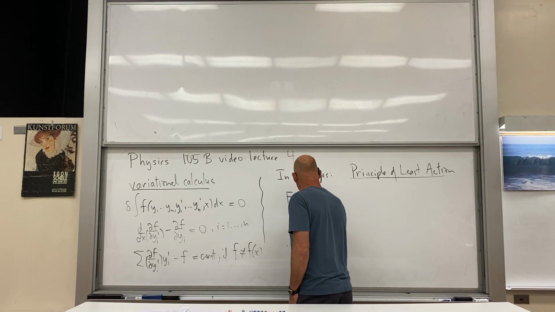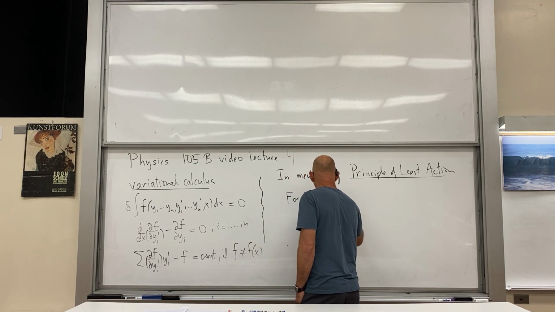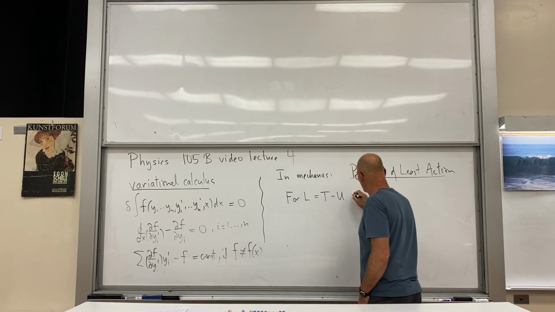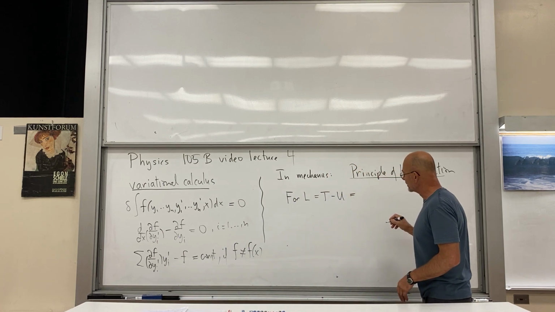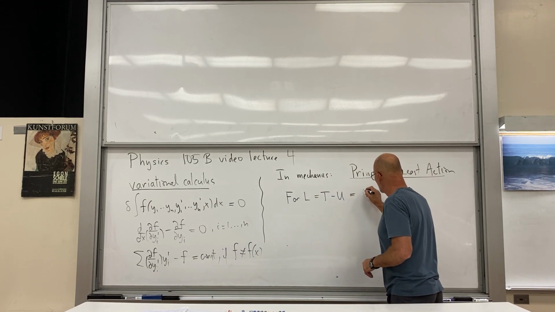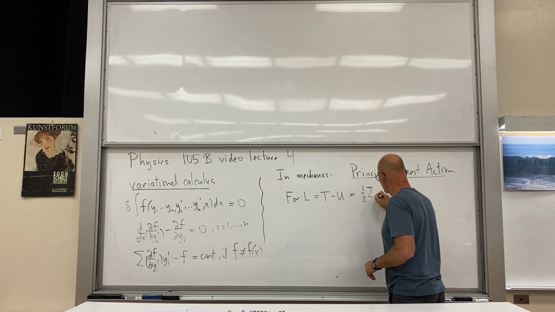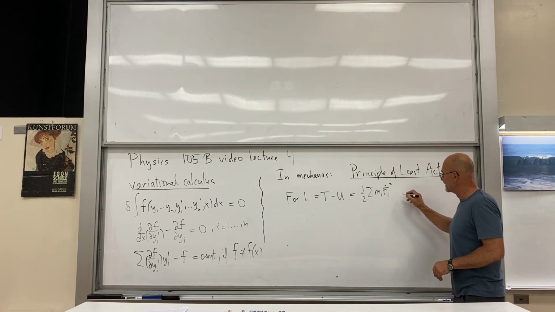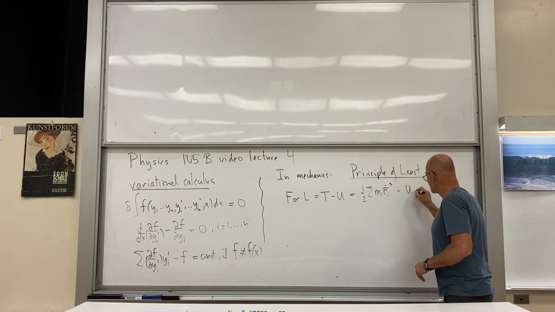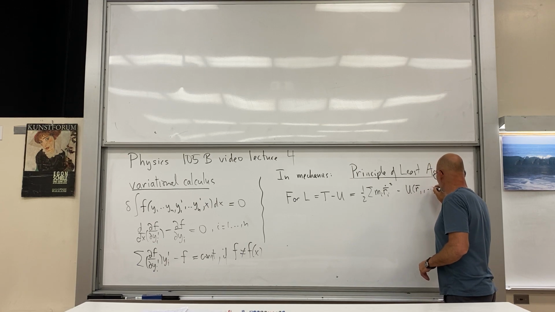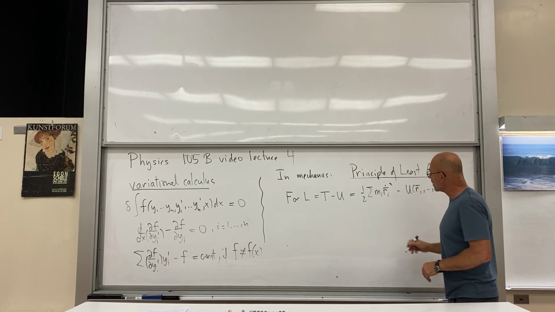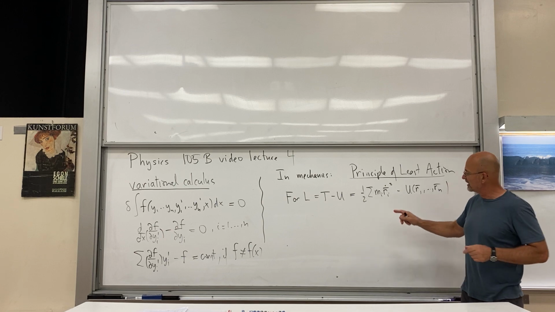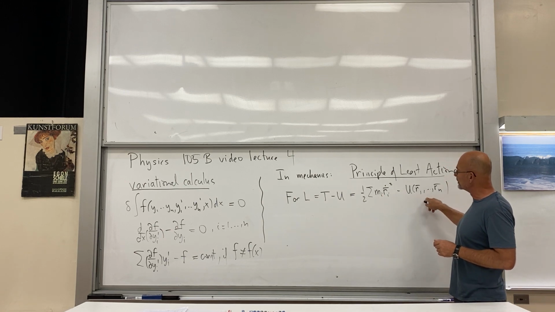For L equals T minus U, equals 1/2 sum of m sub i r sub i dot squared, minus the potential energy U of r1 to rn. Right, we were working with the energy, which was the sum of these two.